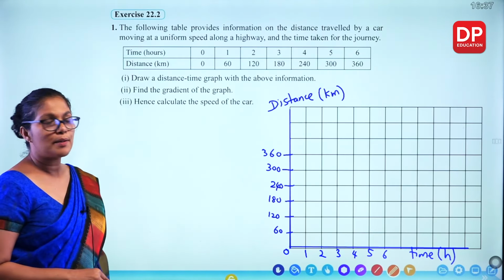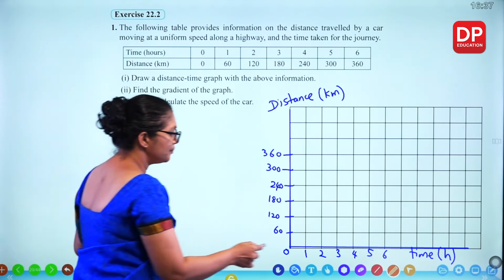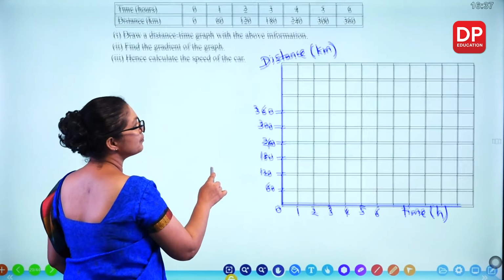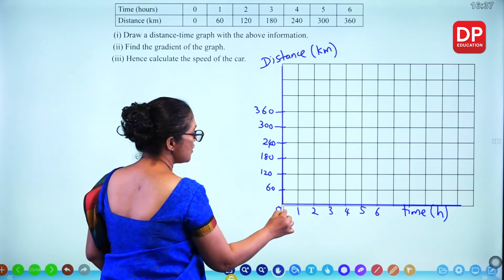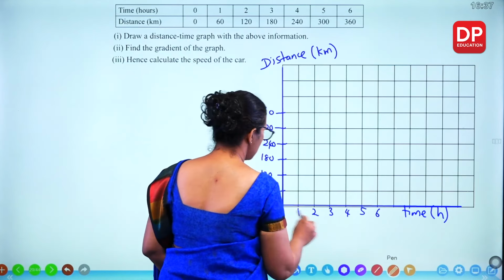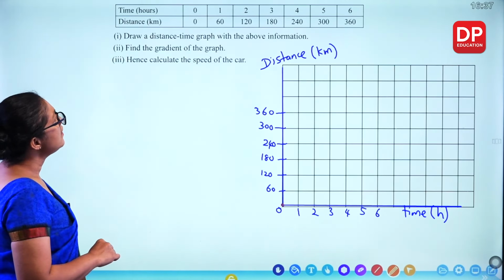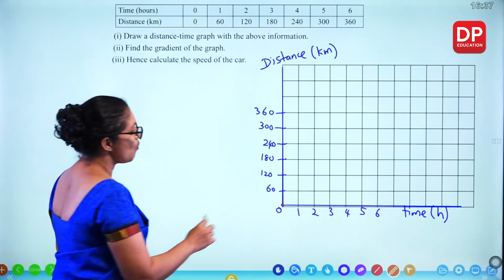Now we can mark the points. Starting value 0, 0. I can mark the point here. 1 with 60, 1 hour, 60 kilometers.